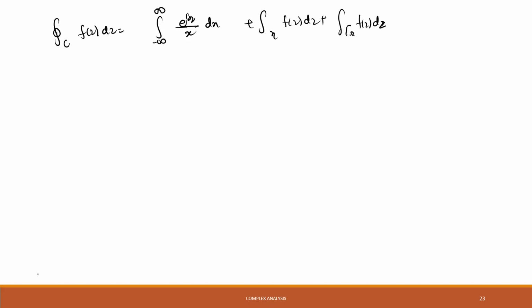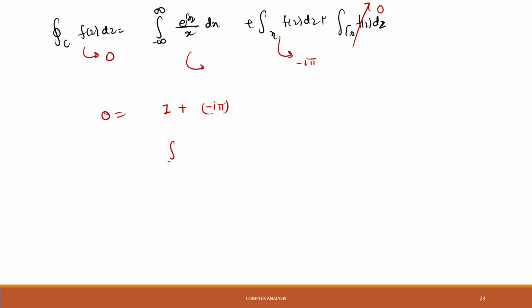Now we have seen that the integration over capital R is 0, and the integration over the smaller r is minus pi I. So 0 equals our required integral plus minus iota pi.